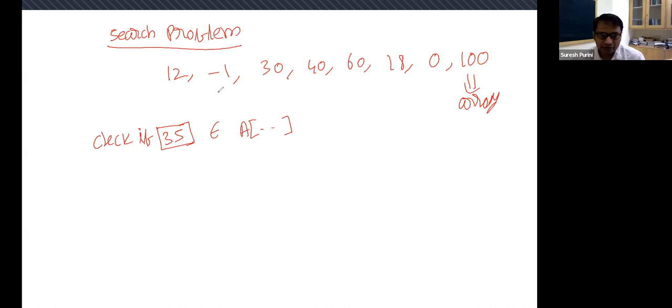We want to check if 35 is present in the array. How can we go about doing this? We look at A of 0, we look at A of 1, A of 2. Let's say there are n elements in the array, we continue this process until we come to the end.